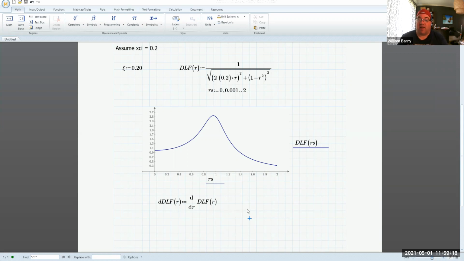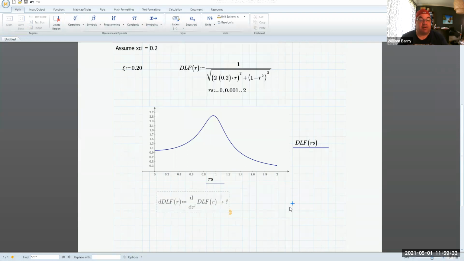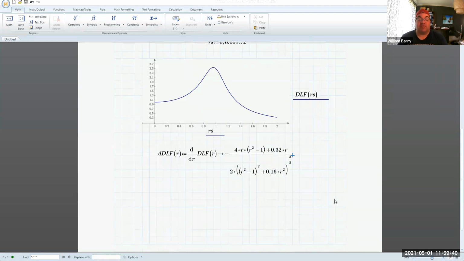We don't need to look at it to know that Mathcad actually evaluated it and has it stored as this new function, dDLF. But if you want to take a peek at it, we can choose our expression and use the symbolic evaluation operator. This will give us a glimpse of what that derivative looks like. And actually, it's not too bad. So maybe I'll just leave it there.